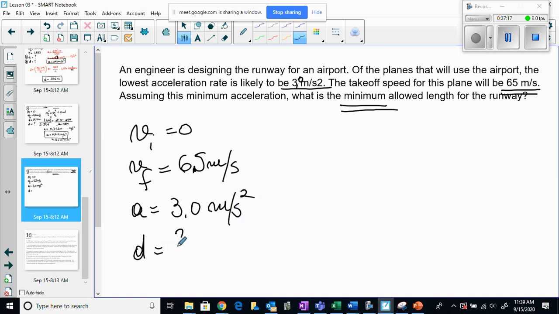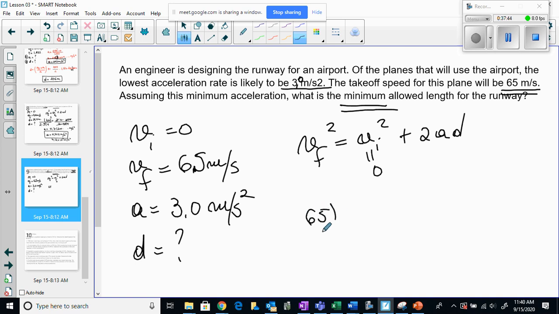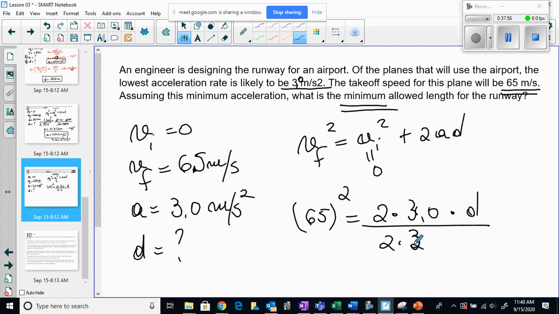And we are looking for displacement. And again, in this case, what we will do is use the last formula, V final squared is equal to V initial squared plus 2AD, because this relates everything. So we don't have to worry too much. V initial is equal to 0, so we'll have 65 squared is equal to 2 times 3.0 times D. Divide both sides by 3 times 2, which is 6.